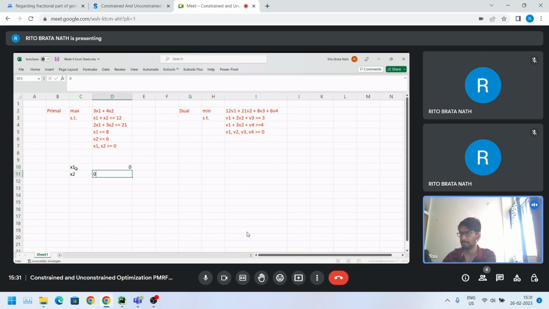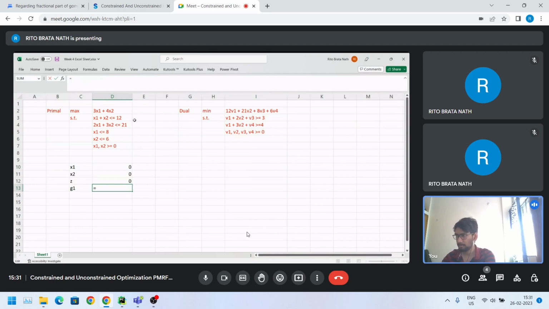Let's initialize them to 0. Your objective will now be a formula which is 3 times x1 plus 4 times x2. So this is your objective. Let's write out the constraints. Let's call the objective Z, and let's call the constraints G1, G2, and so on.